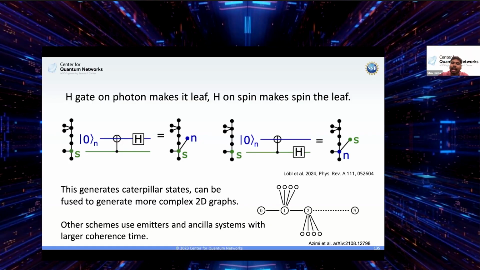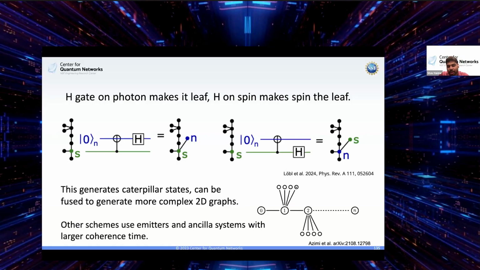And using this kind of switching, you can generate what are called these caterpillar states, right? So these are very long cluster states with spokes coming out of them at every node, right? And it has been shown in this paper specifically that once you generate a class of these caterpillar states, you can fuse them together.